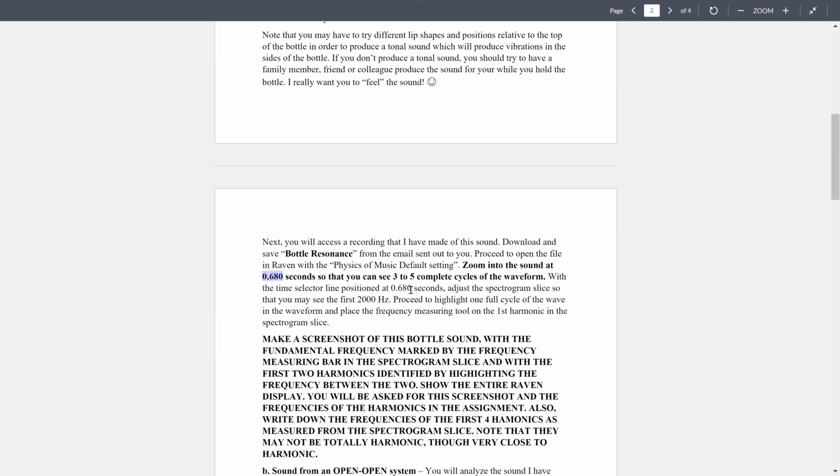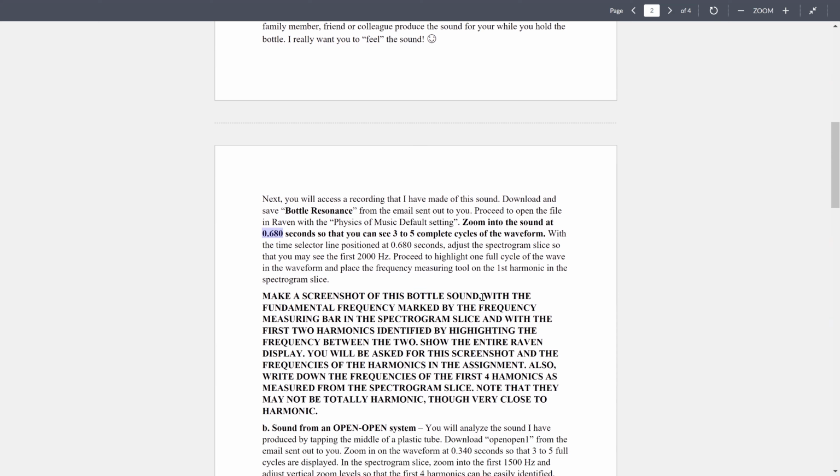You should ultimately be able to calculate the fundamental frequency from the waveform, from getting the period, and see that it is approximately the same fundamental frequency that you are denoting in the spectrogram slice. That should definitely be the case. Take a nice screenshot of the bottle, fundamental frequency marked by the frequency measuring bar.